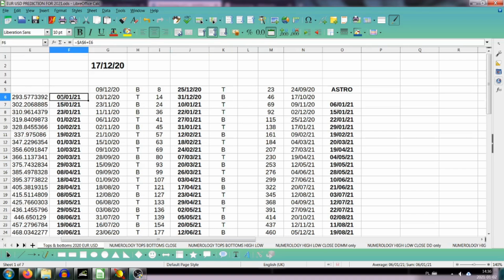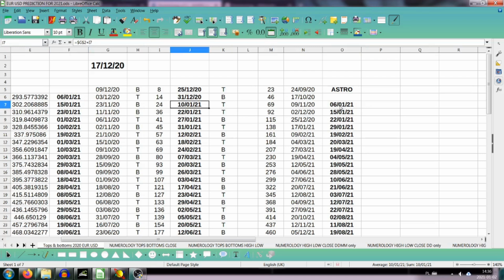We got 6 here, we got 10 here, which has been calculated, we got 6 here as well from astrological events, and I will go through it right in a moment. So now 6 is 2 days away of 8, and 10 is 2 days away of 8.